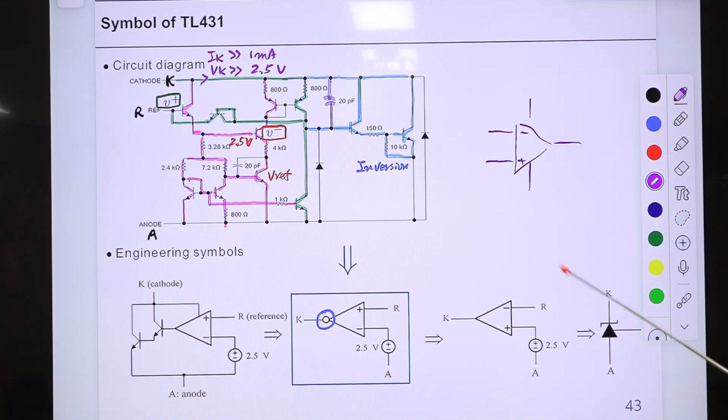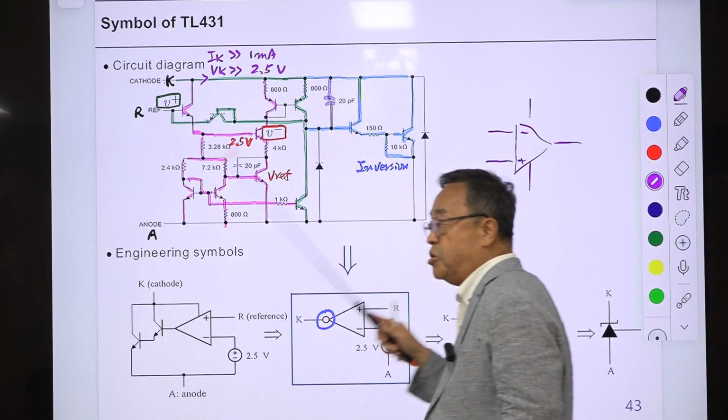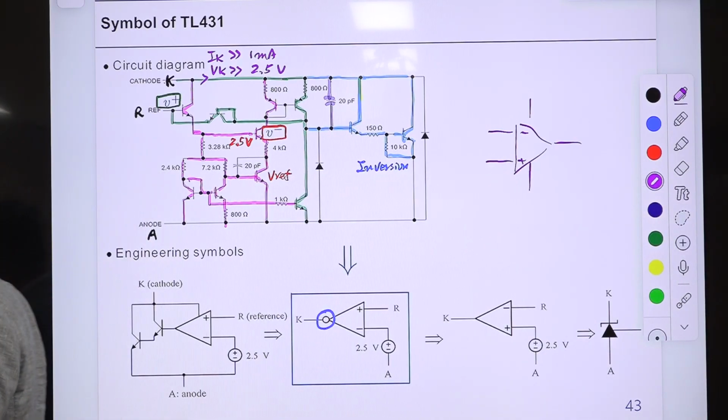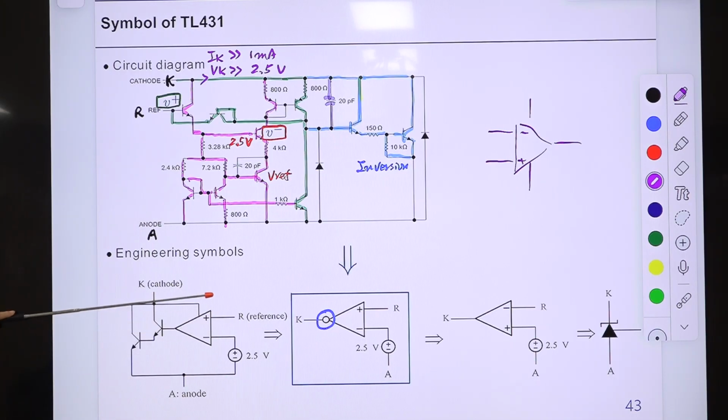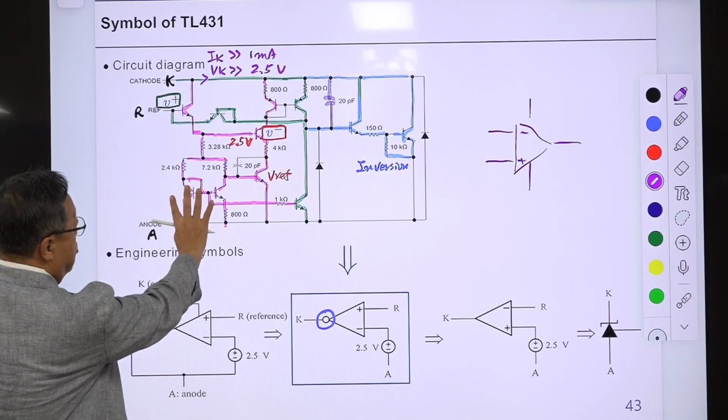This functions as the inverting stage, so the polarity will be changed because of this. So the symbol is this one, a symbol of my own creation, which represents the functional behavior of this.